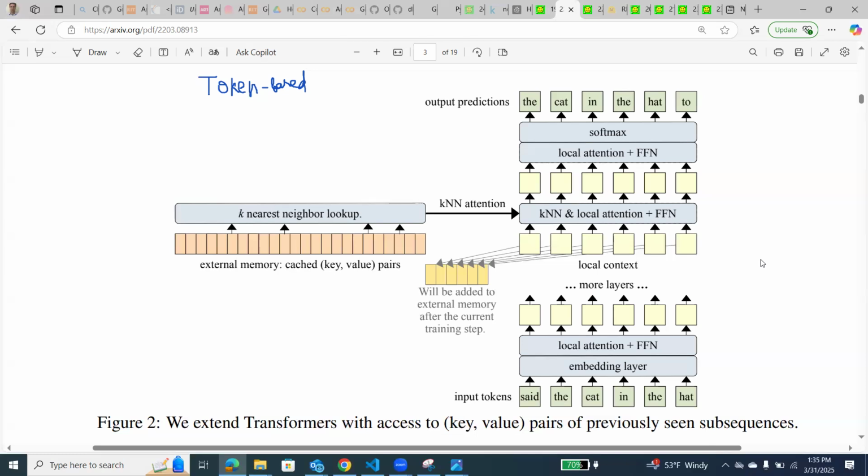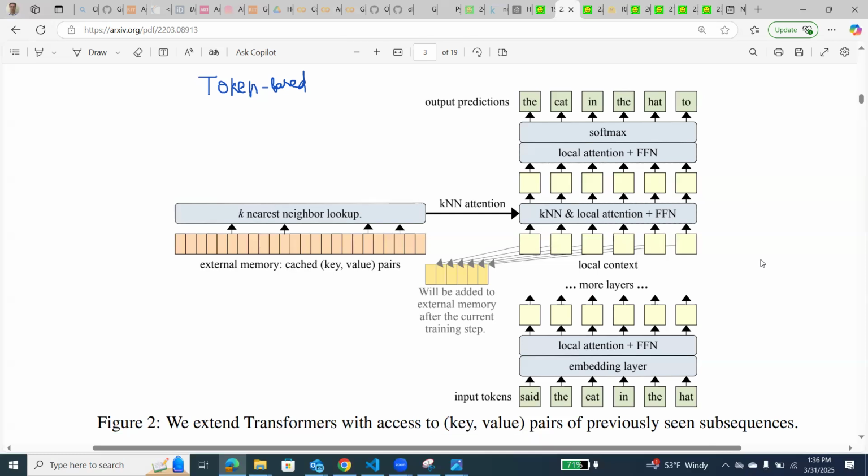And so they stored, you remember in the attention layer, we have 3 embeddings for every token: key, value, and, what's the name for the third one? Key, value and query. And query, yes, thank you.